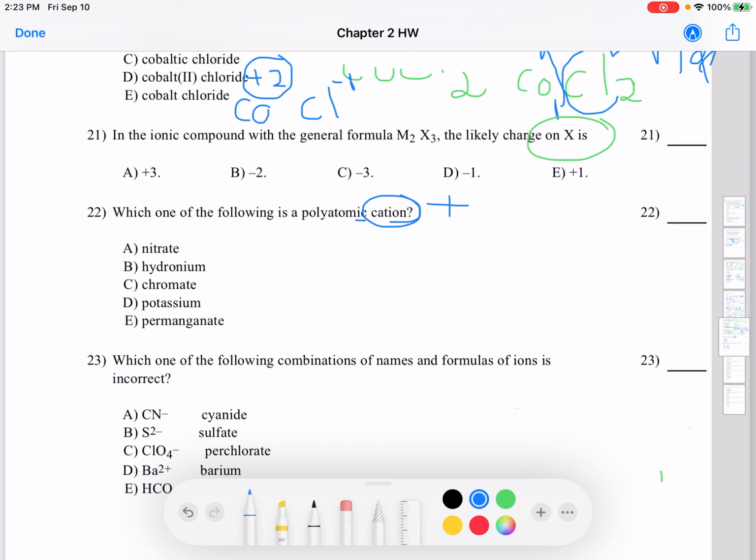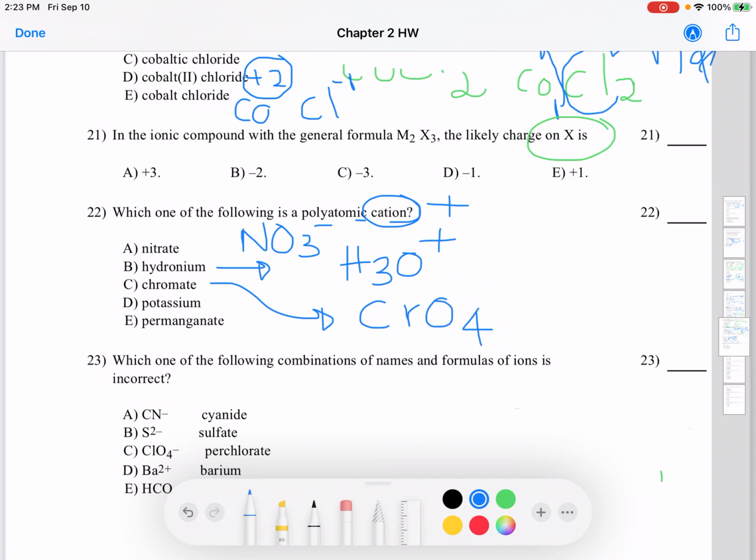So you want to find the cation, meaning positive. Nitrate, you will look up nitrate, and nitrate is NO3 minus. And then hydronium is H3O plus. When a water molecule grabs a proton, it becomes hydronium. And then chromate would be CrO4 2 minus.